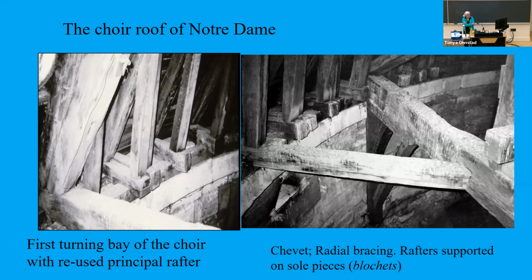But what you can see here very clearly on both the right and the left is again the triangular braces at the foot of the rafter. And these sturdy pieces that are called sole pieces that go across the two plates. So this is really, really stabilized.